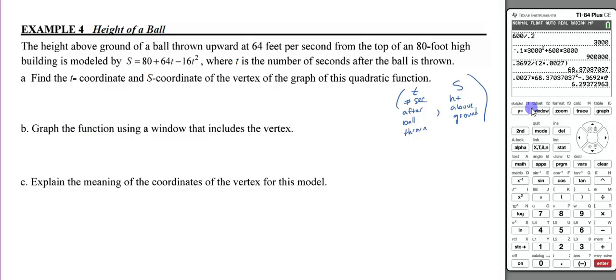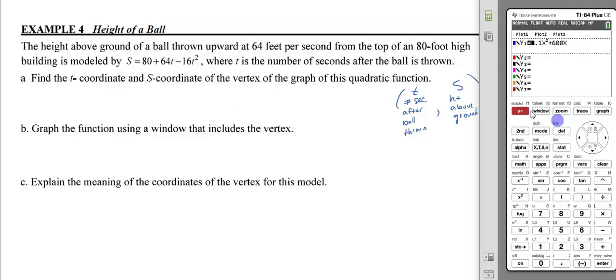So we can actually put this into the calculator pretty easy. Since we're talking about how many seconds it takes for the ball to hit the ground, we can graph it pretty easy with the calculator since we have that zoom fit function. Let's go ahead and put your function in there.